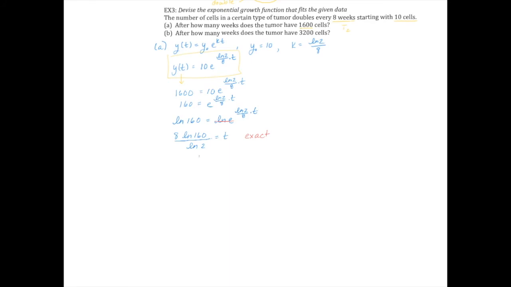Once I plug this into a calculator, I get that t is about, and we'll just round this to a whole number, 59 weeks. And typically we would write a sentence answer, but to save on space, I'll just stop there.